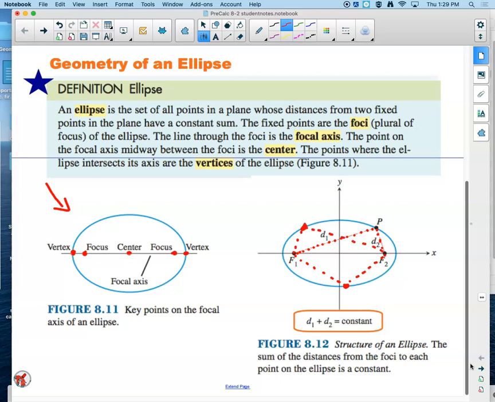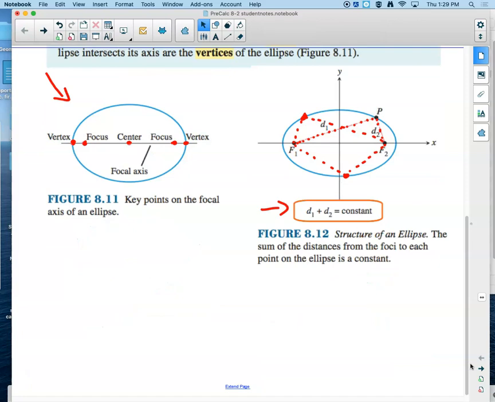The distance to the foci, when we add those together, will remain constant. So that's what this is saying down here. Distance 1 plus distance 2 will be constant no matter what point we pick. That's what forms the ellipse, and that's why it says underneath, structure of an ellipse. The sum of the distances from the foci to each point on the ellipse is a constant.